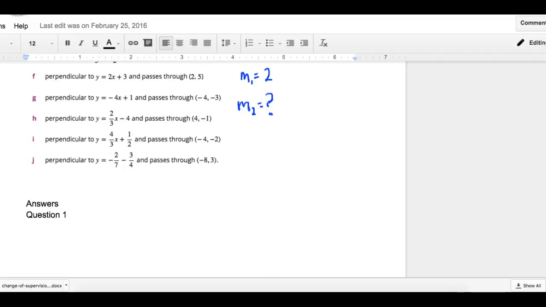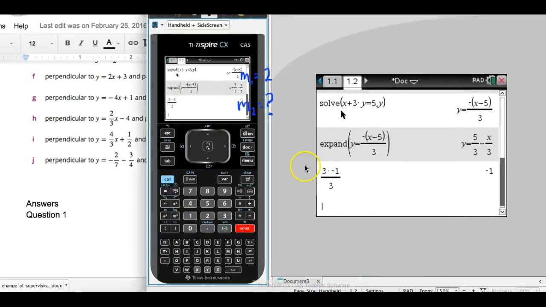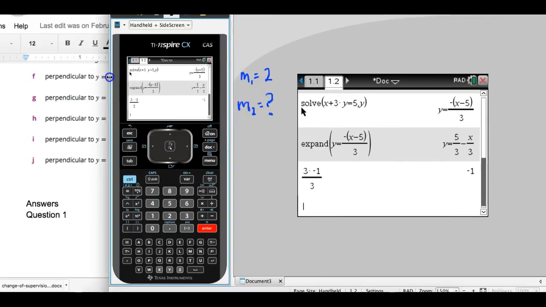Now remember what I said before, when you multiply your two gradients, you get -1. Okay, our first gradient was 2, so we can just solve. First gradient is 2. We don't know what the second gradient is. You can leave that as m or x, whatever you like.